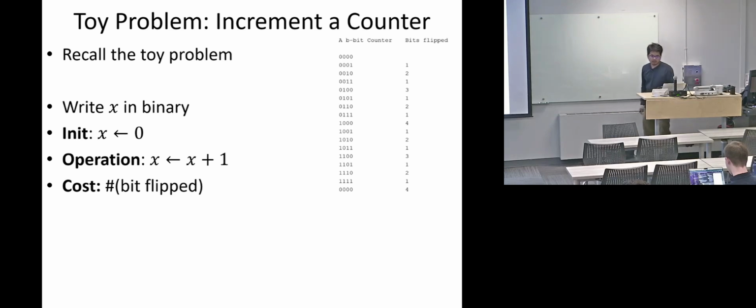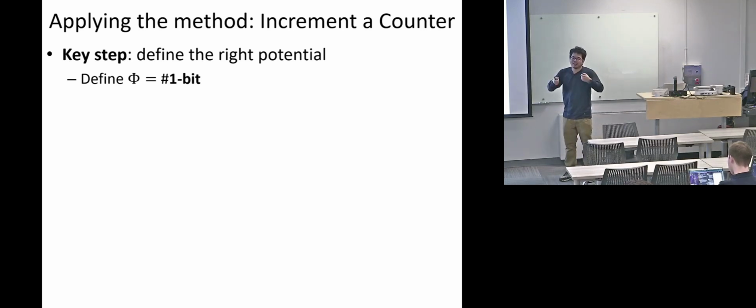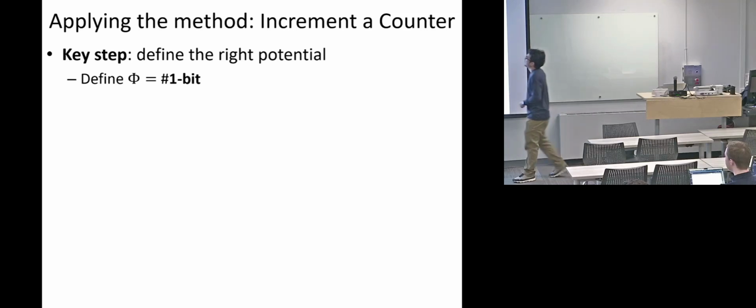So how do you apply the potential function method? The key step is to come up with the right potential, like last time, where to put the money. That is the same thing as designing the right potential. And we just said that the potential is just the number of 1 bits, right?